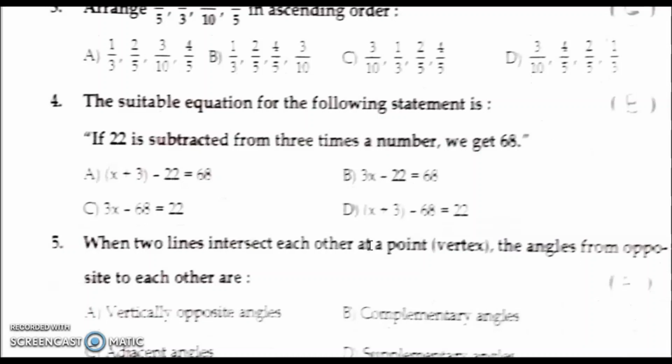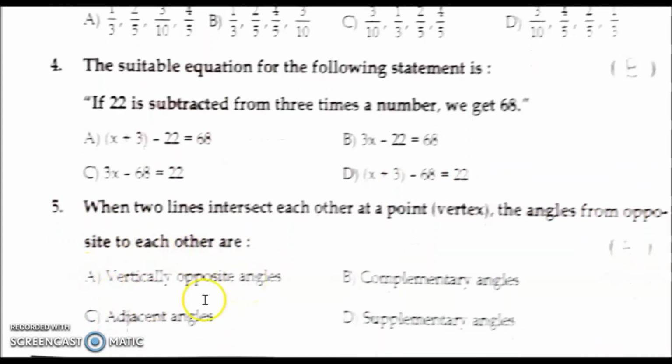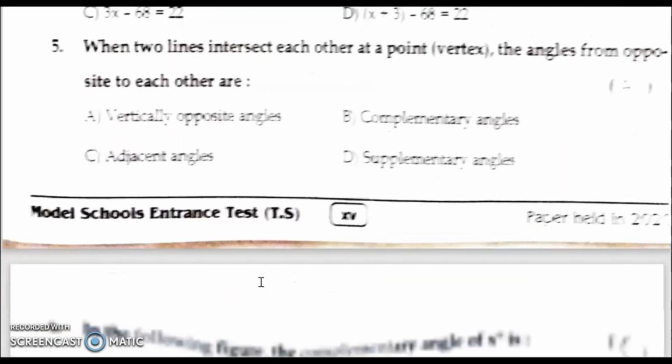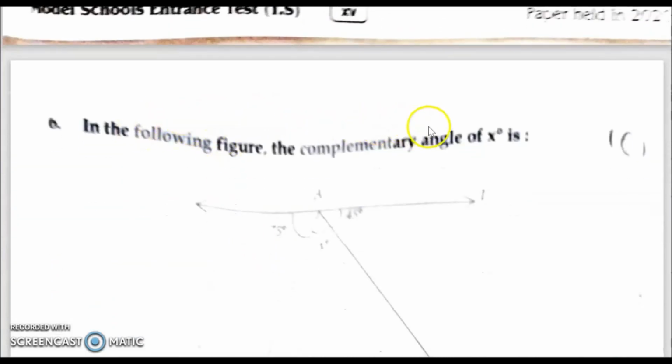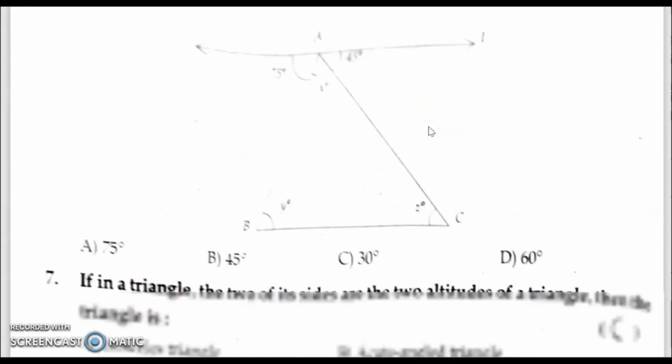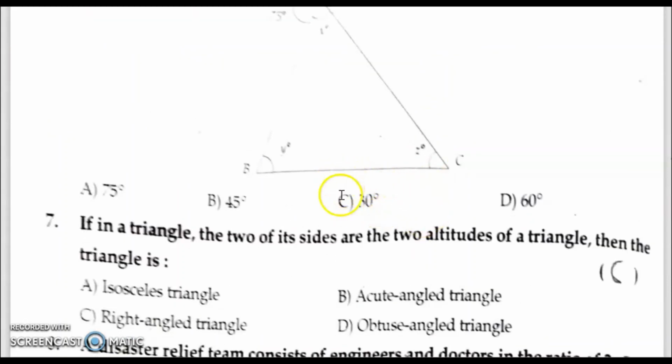When two lines intersect each other at a point, the vertex, the angles formed opposite to each other are vertically opposite angles. A is the correct answer here. In the figure, the complementary angle of x is 30 degrees, C is the correct option.